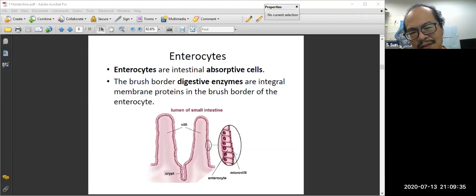It has microvilli, which increase the surface area, so we can capture these monomers and absorb them into our body. The brush border membrane contains several digestive enzymes. If the food is not totally broken apart at this moment, it can be further broken apart by these digestive enzymes.